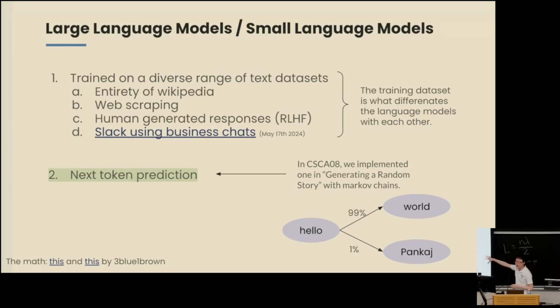Here's how it works. Here's the graph in the lower right-hand corner: you have some training text, and for that training text, what is the probability of the next word? So if in the training text, 99 times we see world after hello, then our graph looks like this. 99% of the time it will generate world. 1% of the time, if the training data exists, it will say hello, Pankaj.